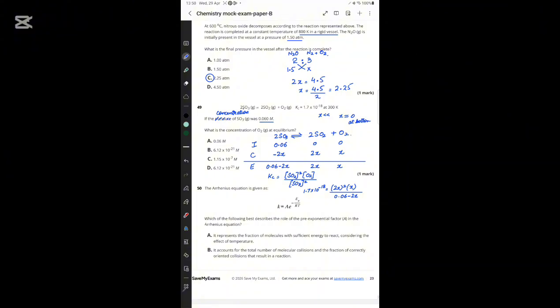So this would become 1.7 times 10 to the power minus 18 is equal to 4x cubed over 0.06. 4x cubed comes out to be 6.12 times 10 to the power minus 21. x cubed comes out to be 1.53 times 10 to the power minus 21. Taking cube root on both sides, the answer comes out to be 1.15 times 10 to the power minus 7. So the answer is going to be C.